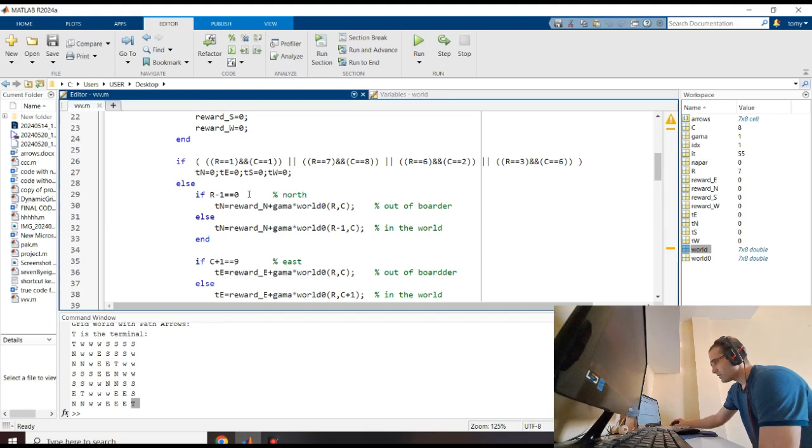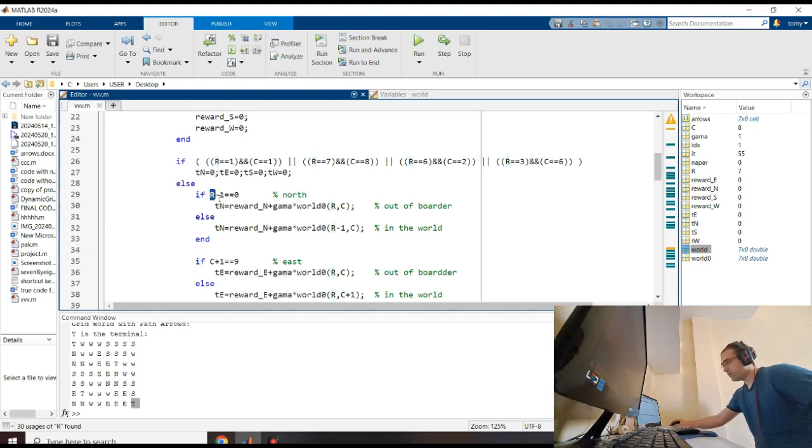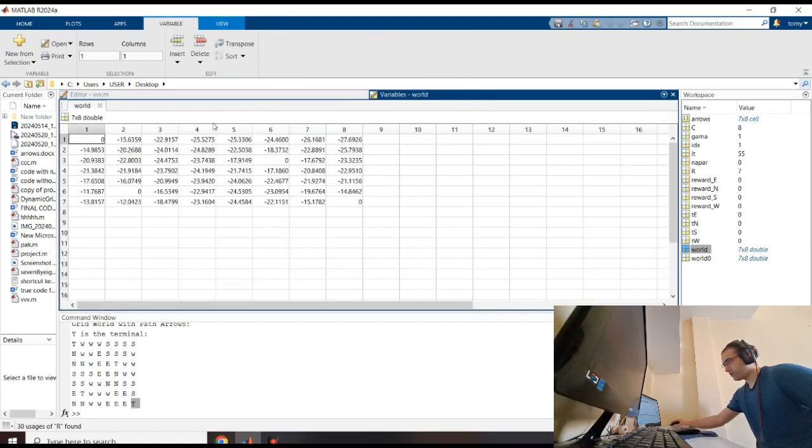Is it true? Because look, R means row minus 1, okay, equal to 0. If the row here is 1 and it gets minus 1, it means the agent is going to the left, so it's in the west, not north.